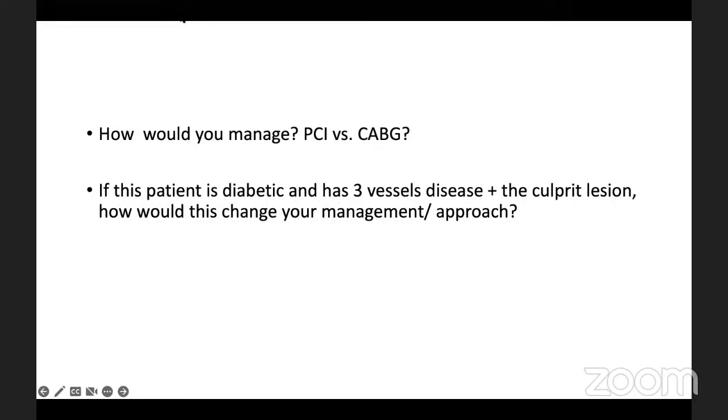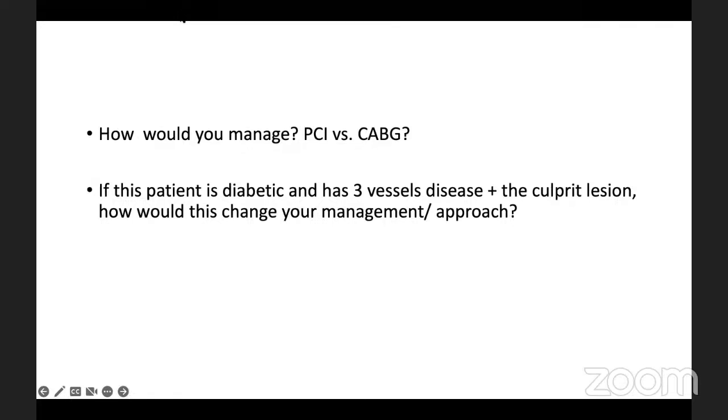You should only deal with the culprit lesion in a patient with STEMI if the patient is unstable. It's a class 3 indication. Now the other debate is what if the patient is stable. Again, it used to be the same class 3 indication, that they should not open the other vessels and should only stick to the culprit lesion, until 2015.